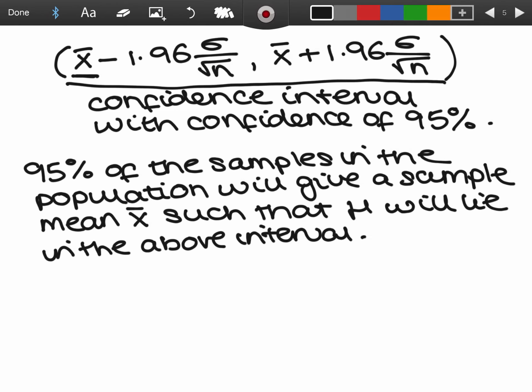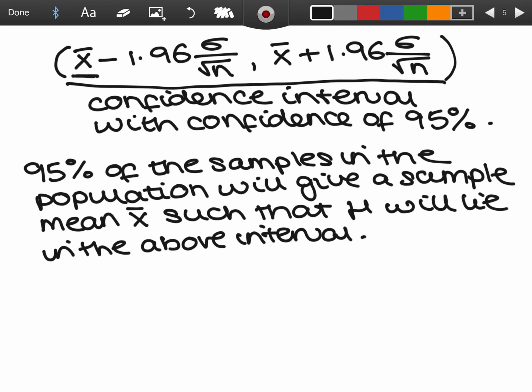Now, depending on how confident you want to be that your population mean is contained in this interval depends on what your interval is going to be, okay? You tend to find the more confident that you want to be that the population mean is contained in it, the larger the interval is going to be. Because the smaller this interval gets, the better, because you have more of an idea of what the population mean actually is.